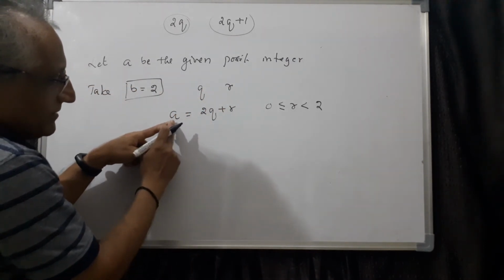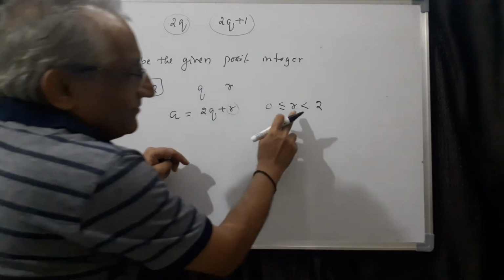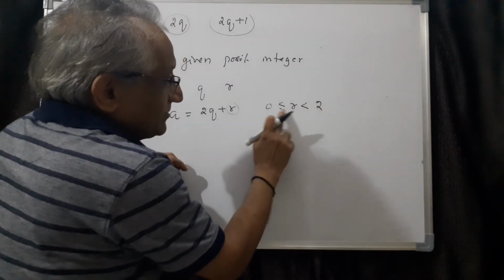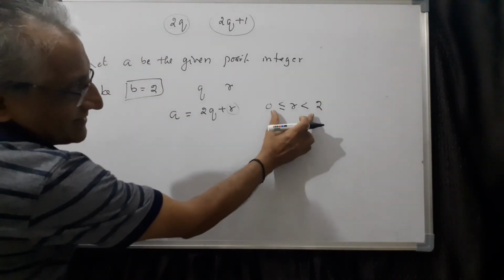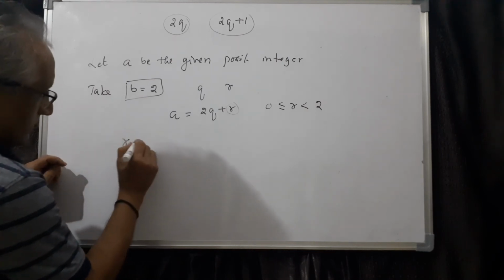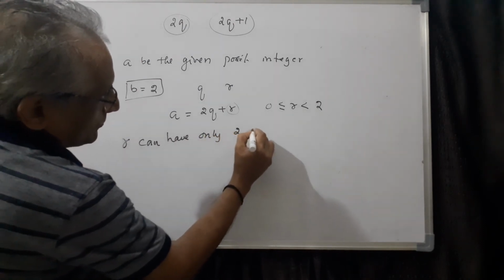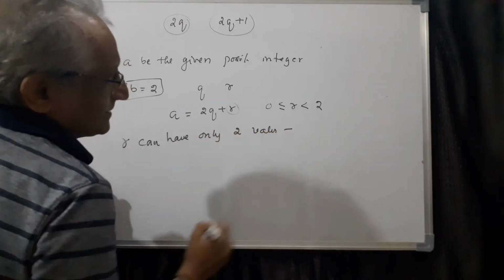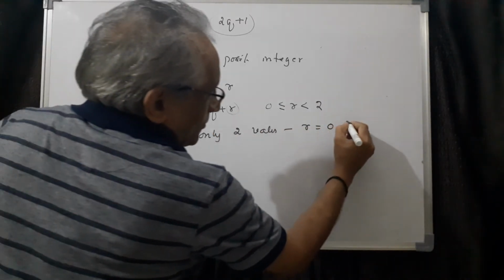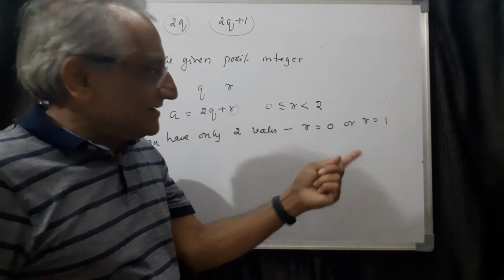A will be equal to 2q plus r. But what is the condition for this r? R will be between 0 and 2, strictly less than 2. Now how many cases are possible for r? R can have only two values. One is r equal to 0, because the inequality allows it, or r equal to 1, because between 0 and 2 only 1 is the remaining integer.